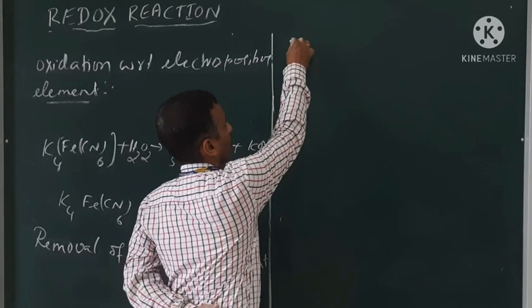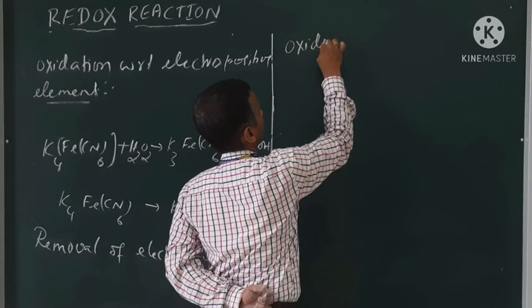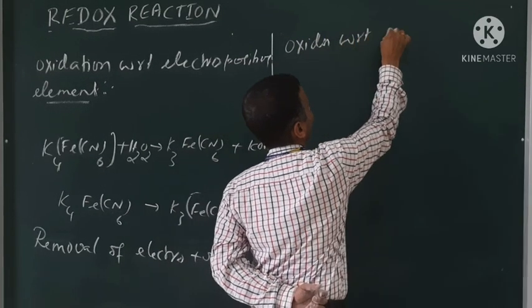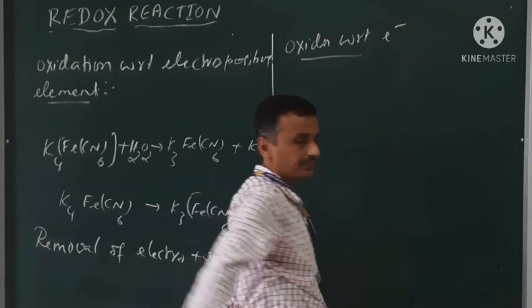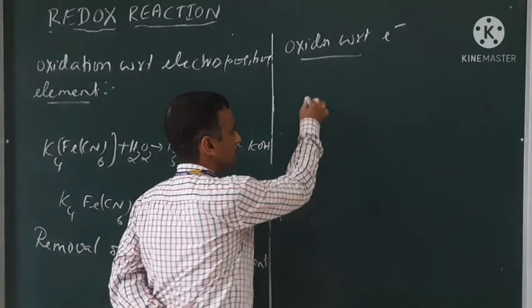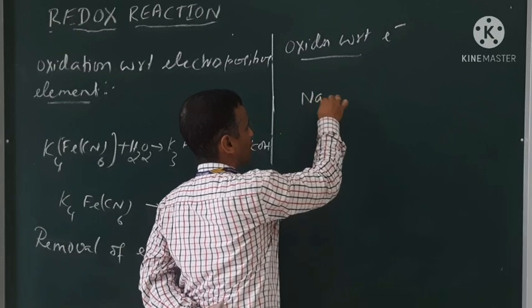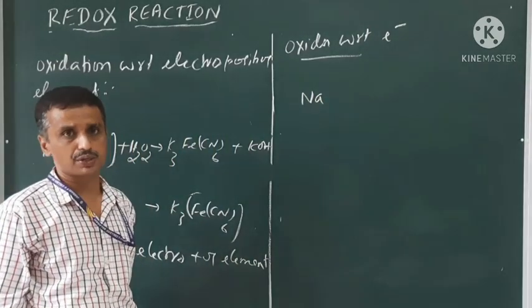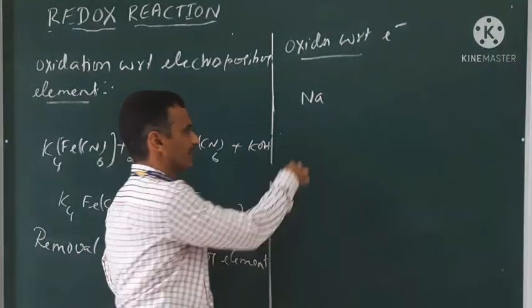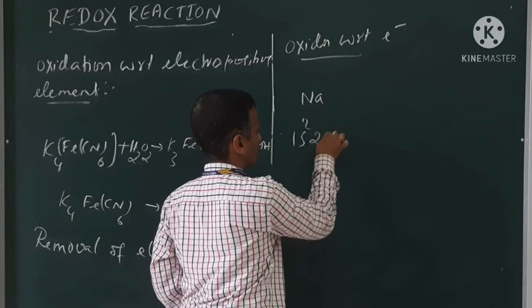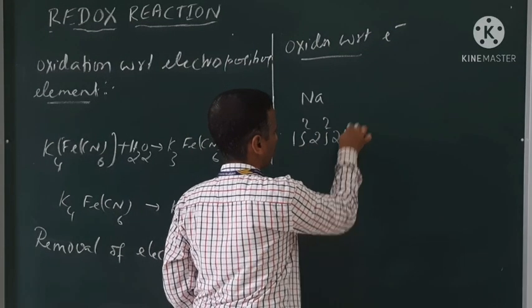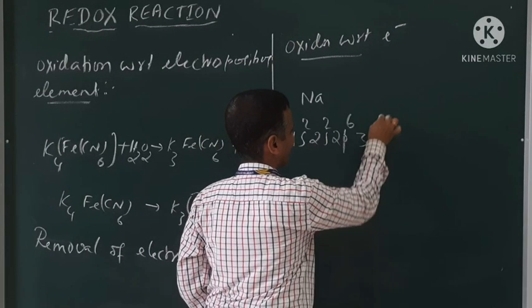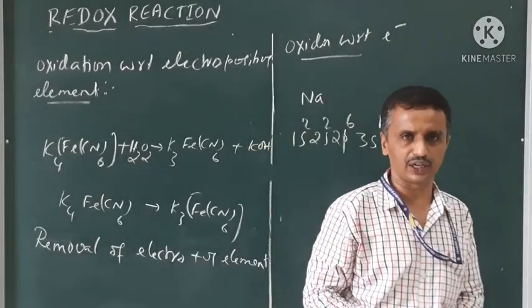Now, oxidation with respect to electron. Just here, sodium is an electropositive element. It has 1s2, 2s2, 2p6, 3s1 electronic configuration.